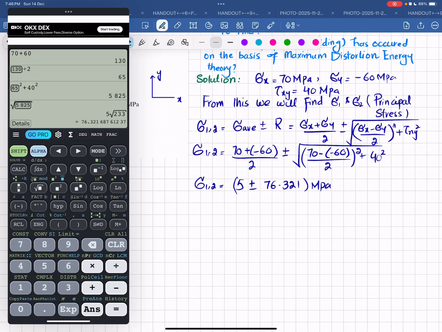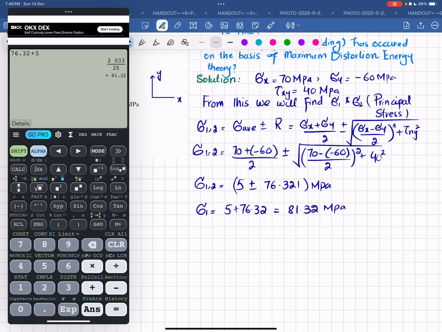Okay, now what if I want to find sigma 1? So sigma 1 will be equal to 5 plus 76.32, and that will be equal to 76.32 plus 5, which is 81.32 megapascal. So I can write sigma 1 is 81.32 megapascal.